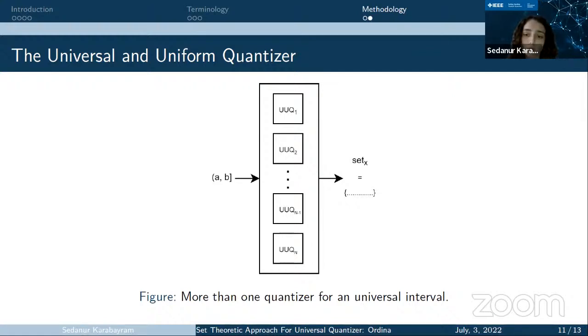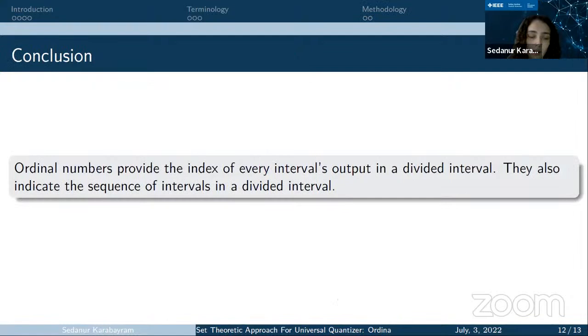Also, the cardinality of this output set indicates the number of natural numbers we want to represent the interval with. To sum up, this output contains ordinal numbers that index every interval output in a divided interval. It also indicates the sequence of intervals in a divided interval.